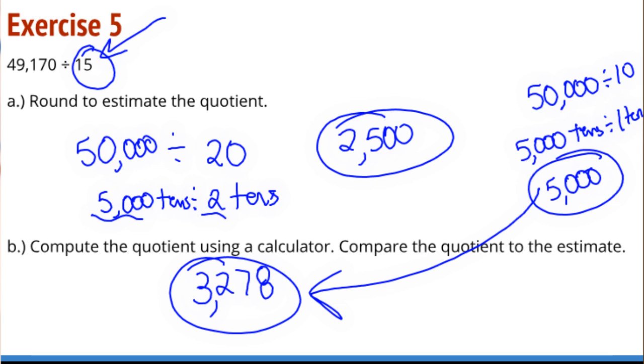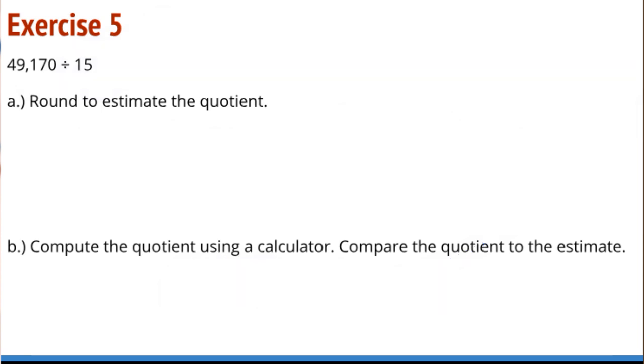So we can see the further we get, when we round, from the actual number of the divisor, the further away our estimate is going to be, which starts to tell us we need to be choosy, picky, about what we round these divisors to. We round them too much and our estimates become very inaccurate.